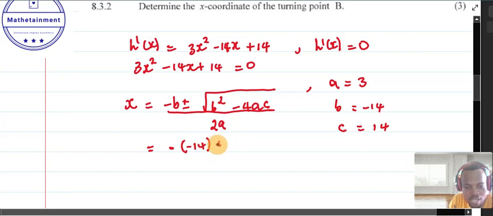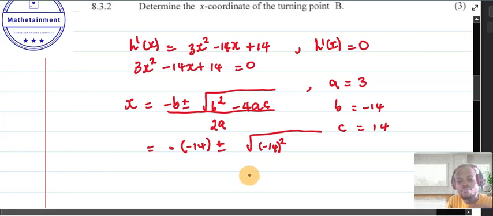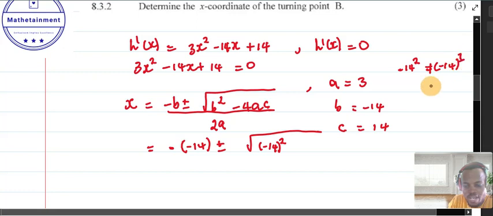It becomes plus or minus the square root of minus 14 squared, because if you decided to write minus 14 squared without the bracket, we know that it is not equal to minus 14 squared with the bracket. So please make sure that you always keep this bracket on.